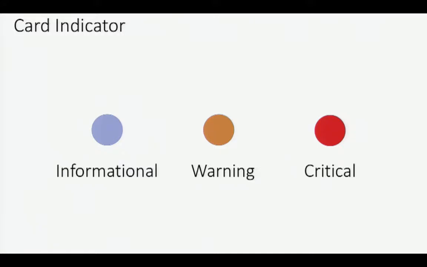So maybe an informational card, or that decision support that is marked informational, may be displayed in a more passive way that the user maybe has to go and click on to discover, as opposed to something that's critical, which might be more in your face, with maybe an exclamation point or maybe even a modal pop-up. So the EHR gets to decide how that's rendered based upon whatever makes sense for their workflow and their EHR.